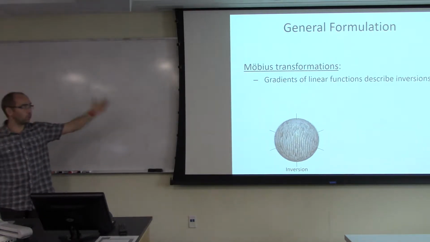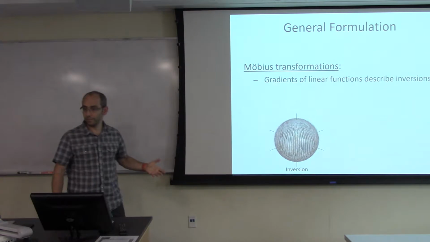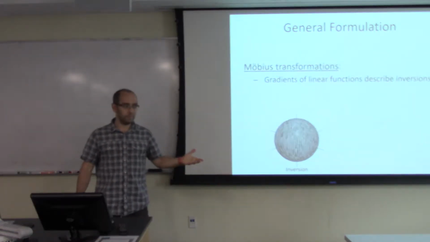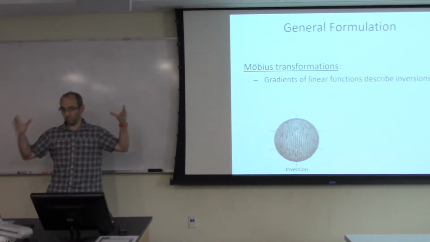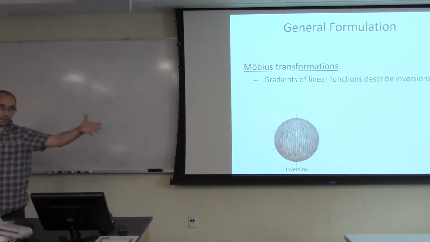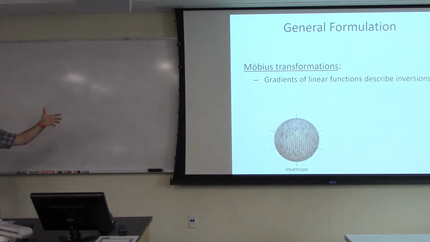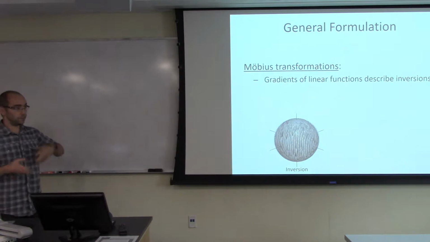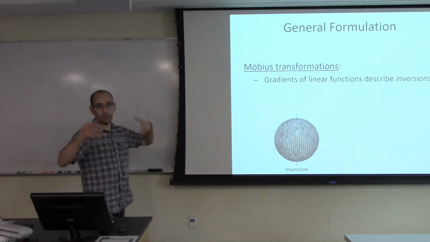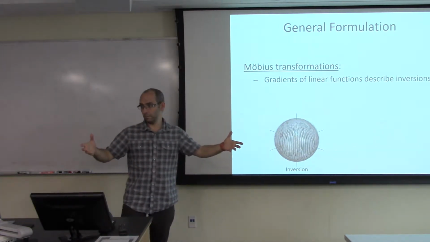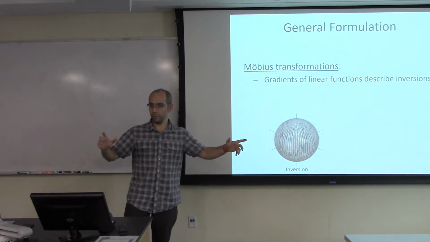Those correspond to gradients of linear functions. Now, linear functions are nice. They are the smoothest space of functions on the sphere that don't have constant functions. And so the gradients of linear functions are, in some sense, the smoothest space of vector fields. Almost. What's missing?